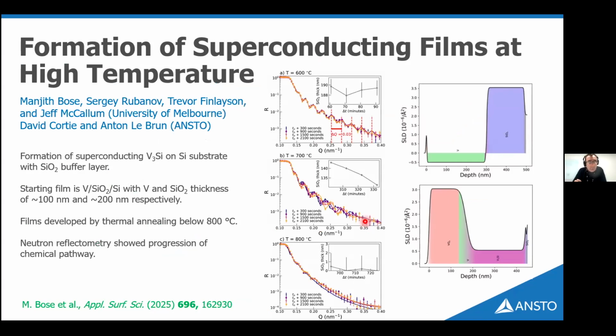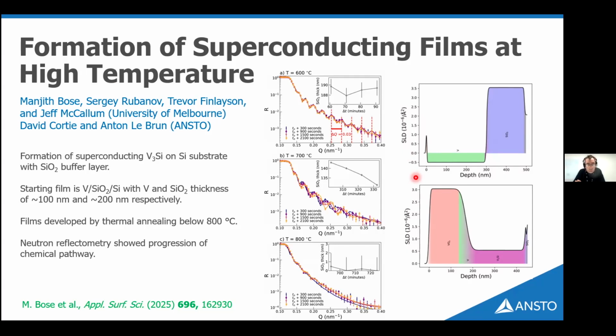Some more recent work, Jeff McCallum's group at the University of Melbourne and his postdoc Menjif, they've been interested in forming these vanadium silicide layers, which are superconducting below 15 Kelvin, and they have on silicon a thick layer of silicon oxide with vanadium, and then they thermally anneal these at 700 degrees C, and essentially they form a vanadium oxide layer and a vanadium silicide layer.